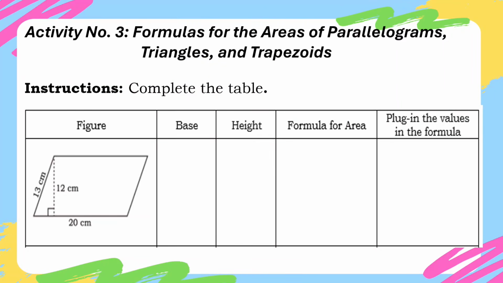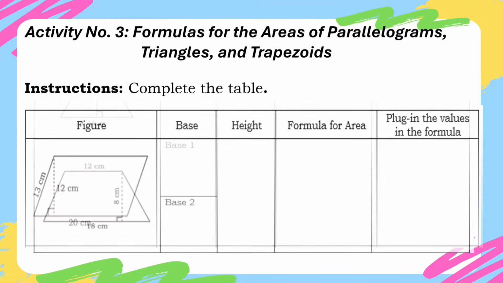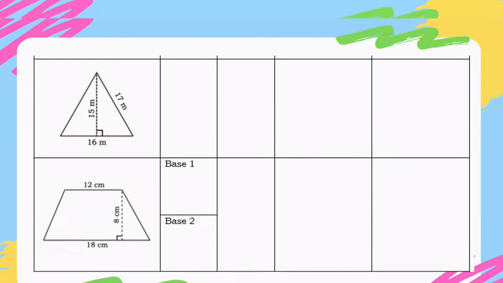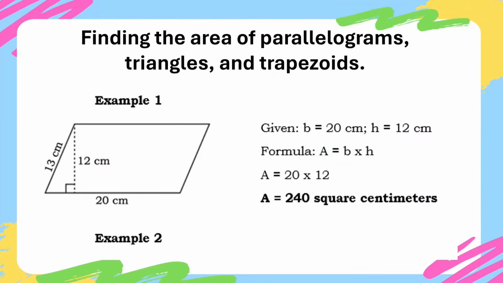Activity number 3. It is about formulas for the areas of parallelograms, triangles, and trapezoids. You need to complete the table. Now, let us find the area of the parallelogram.